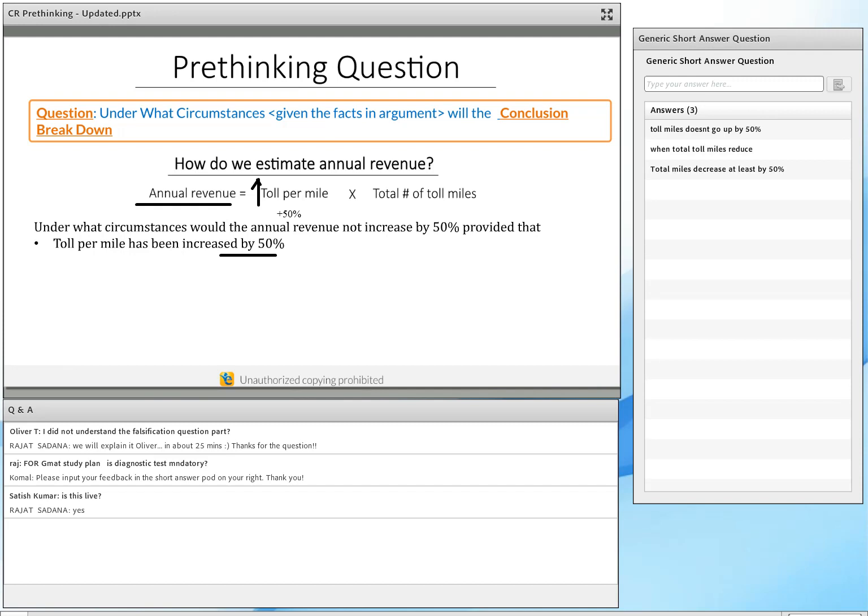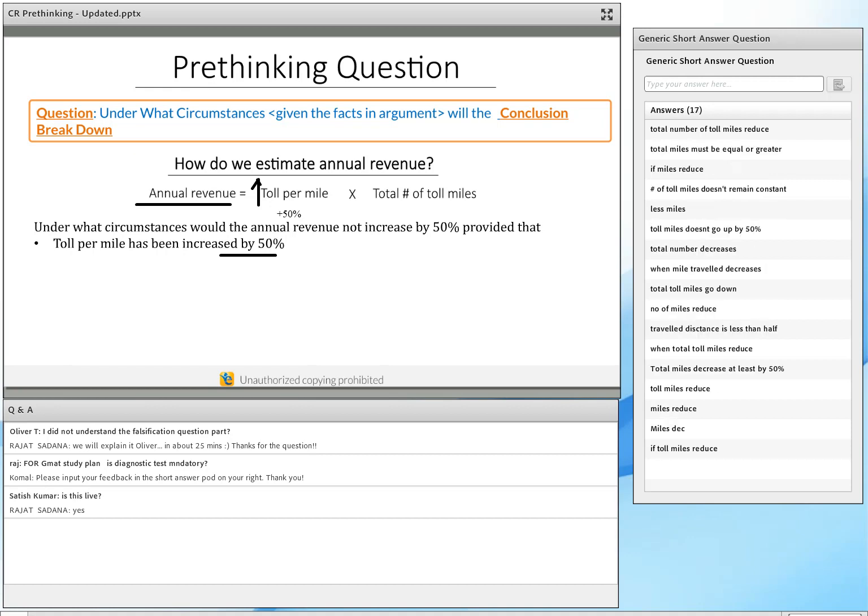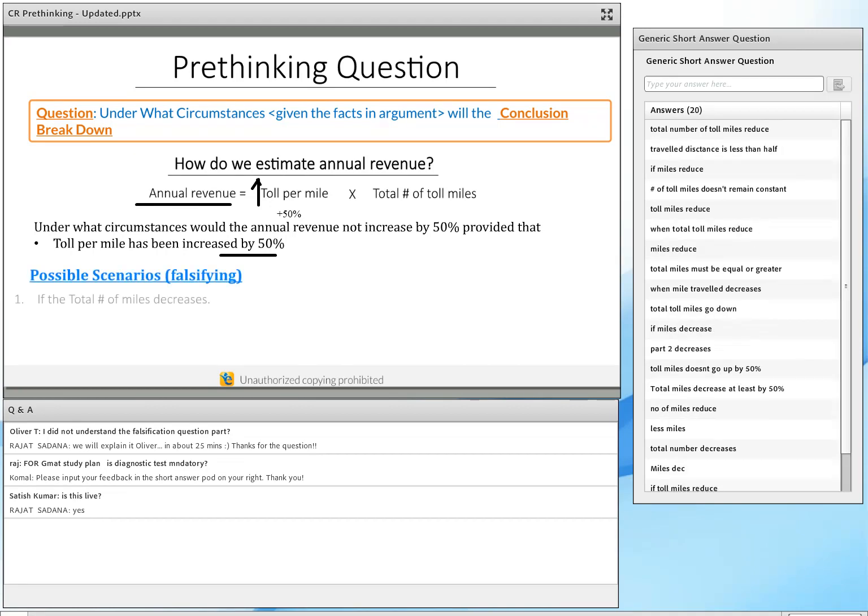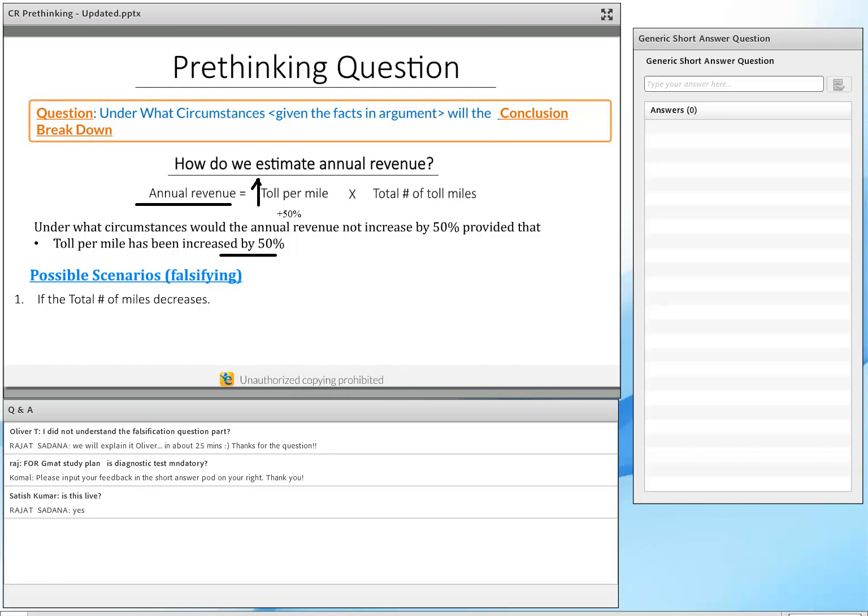If the total number of toll miles reduces, right? The only condition is the total number of miles decreases. If that number decreases, then that's going to happen. Can everyone see this? Really simple logic. It's a product of two numbers. One's already up by 50%. So the only way that the total won't be up by at least 50% is if the other number goes down.